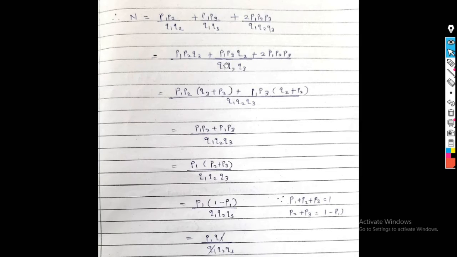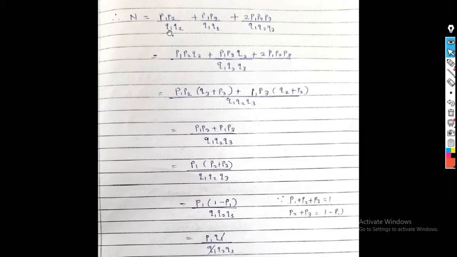Similarly p2 and p3, and q1, q2 and q3 also get cancelled. So finally the numerator is p1 p2 divided by q1 q2 plus p1 p3 divided by q1 q3 plus 2 times p1 p2 p3 divided by q1 q2 q3, because the square root is cancelled.